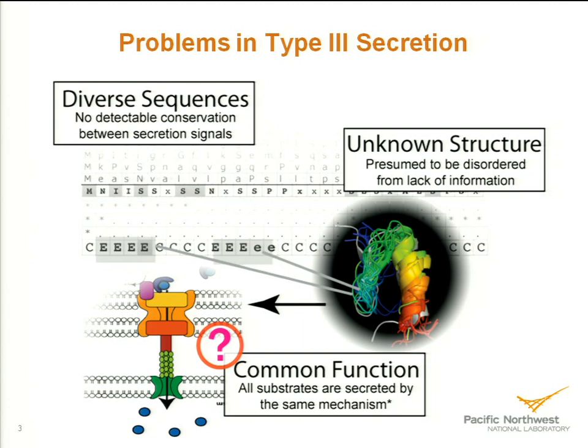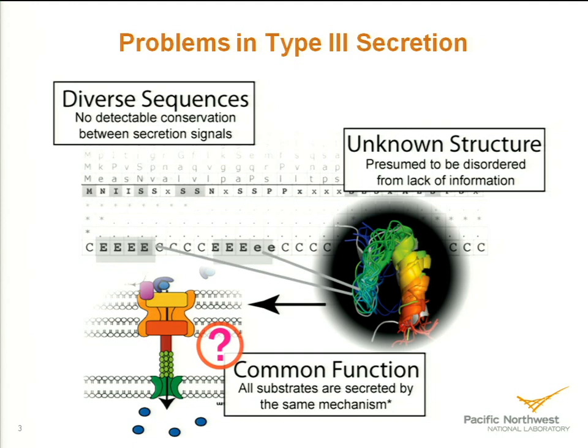So the hypothesis that has emerged because of this information, and because there is really no sequence similarity between these secretion signals, is that we actually have a disordered sequence. But this is kind of unsatisfying in a way. How are these different sequences actually coding for the same function?